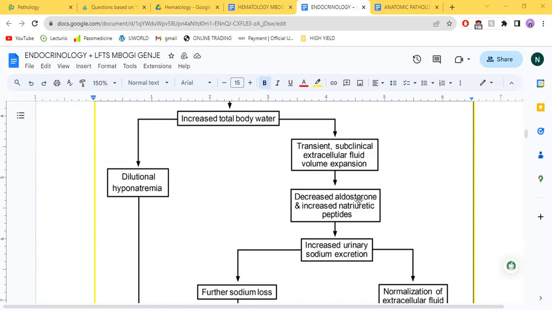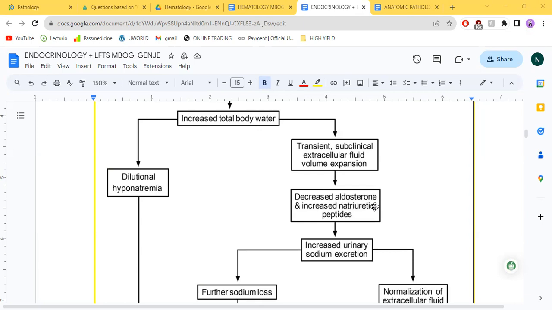So we know the ANP, we know BNP. BNP is the brain natriuretic peptide. It's actually produced by the heart, not the brain. So what are the effects of natriuretic peptides? Vasodilation.